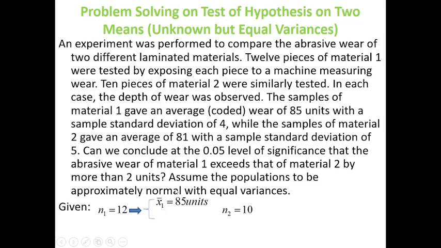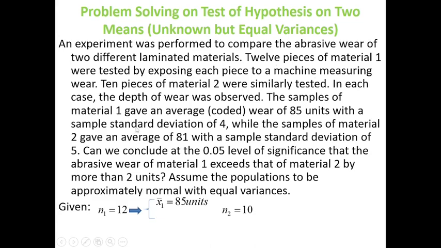for the depth of wear that was observed, the samples of material 1 gave an average coded wear of 85 units. So this is the sample mean for material 1.